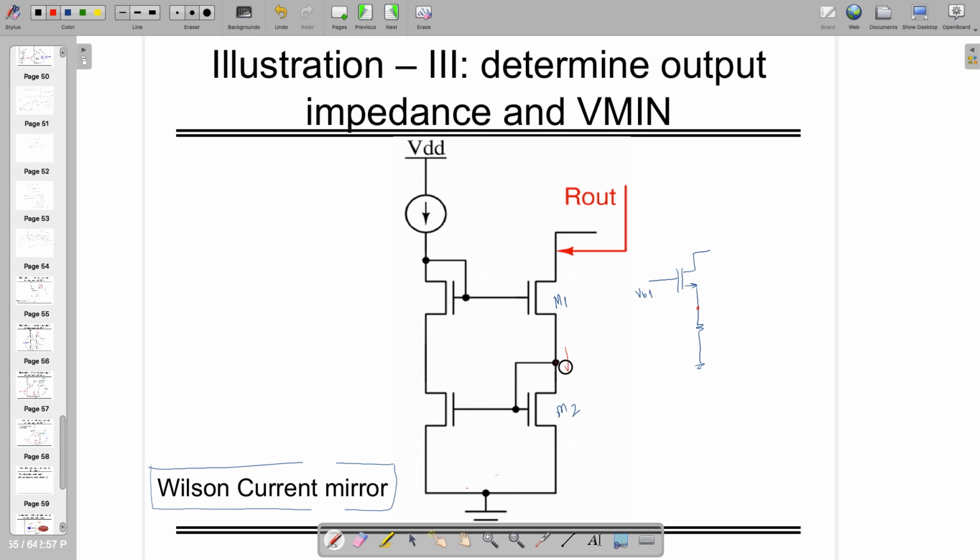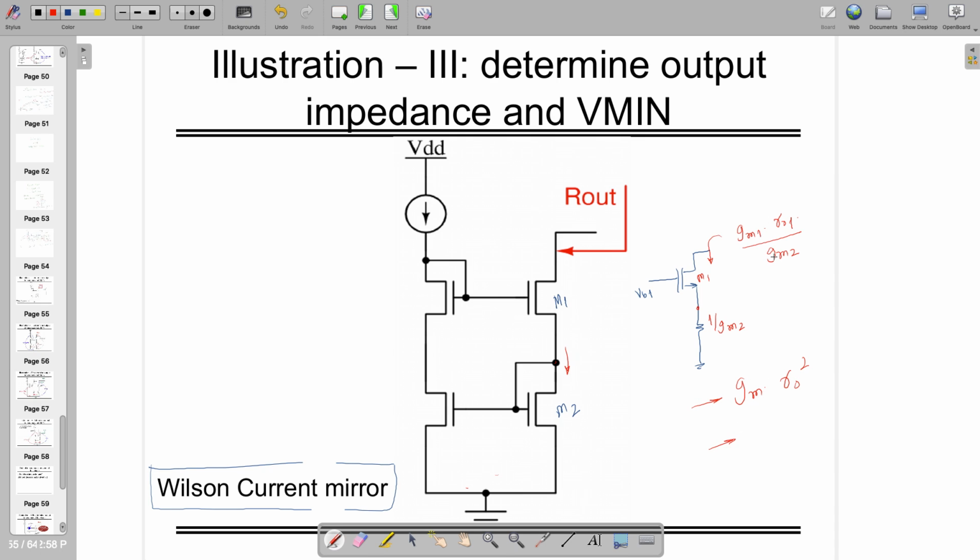Looking from here, as this is diode connected, I am supposed to see 1 by GM2, and for this one, looking from this side, I am supposed to see GM1 times RO1 times 1 by GM2. So it's GM1 times RO1 divided by GM2. Now this is a resistance which is not comparable to the previous case, which is GM times RO square in the case of cascode.